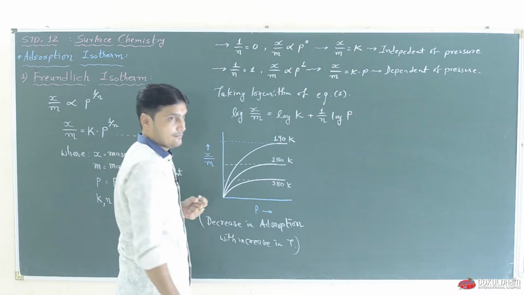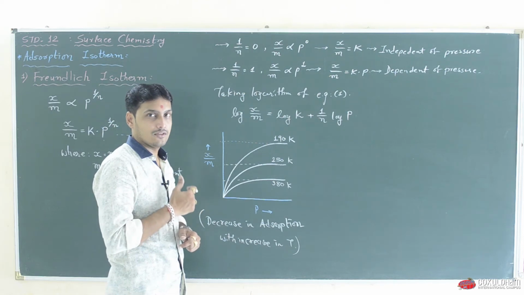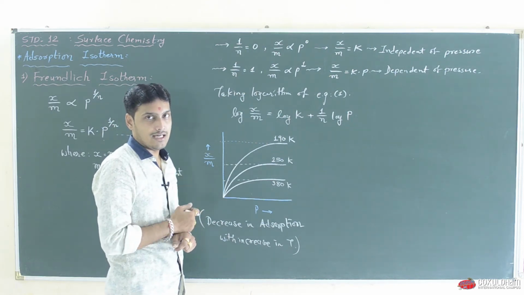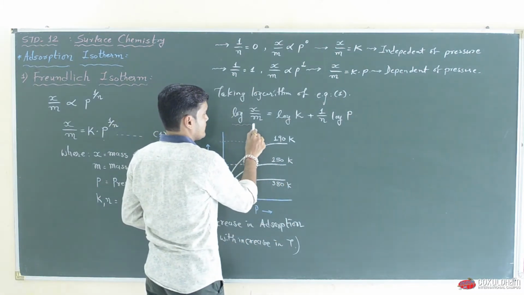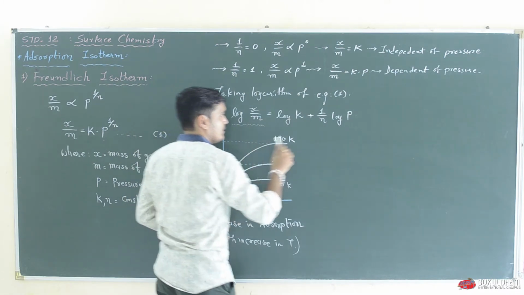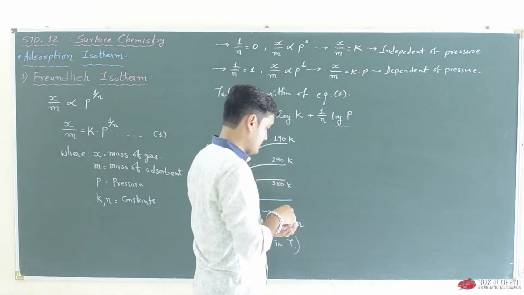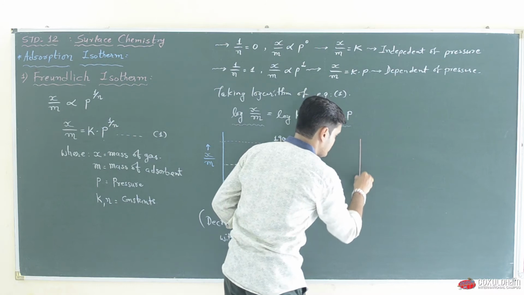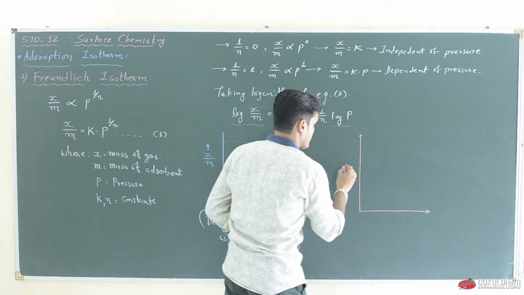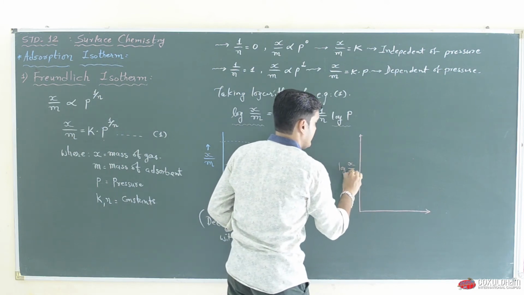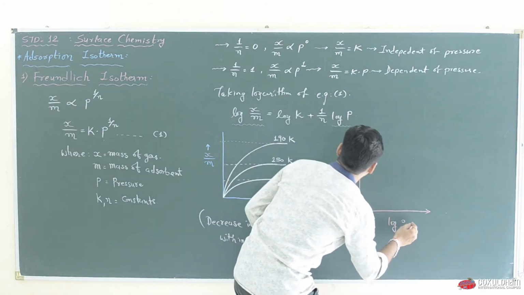But Freundlich said that when we get a straight line graph, at that time the isotherm is considered a valid isotherm. So in the second graph you have to plot log x by m versus log p, with log x by m on the y axis and log p on the x axis.